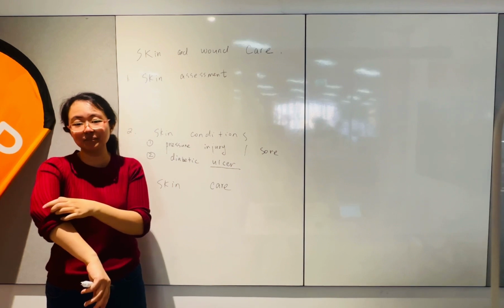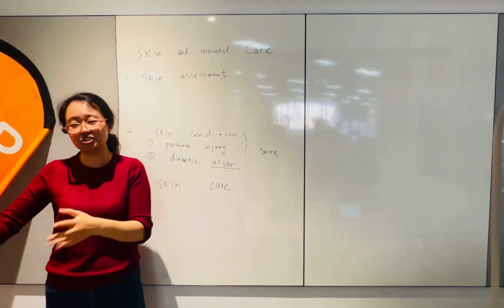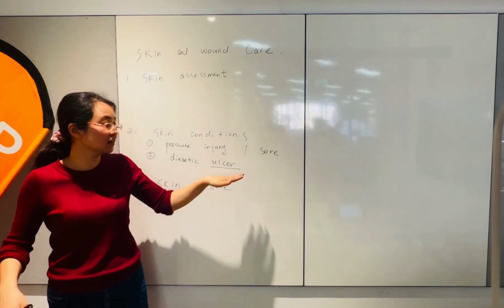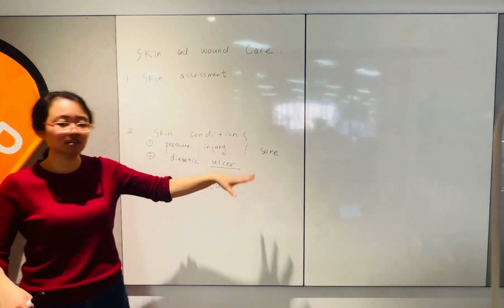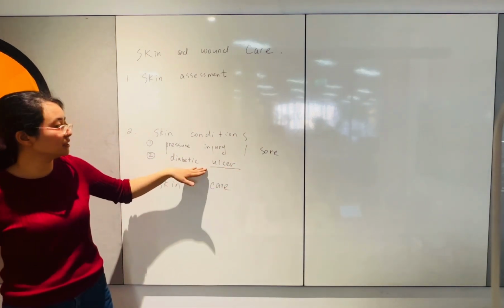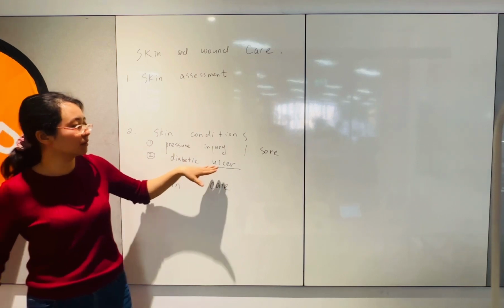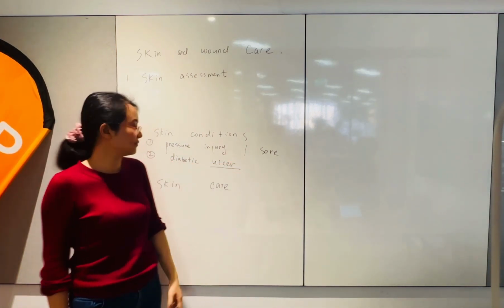An ulcer is a chronic condition. It lasts long and cannot be quickly healed. It takes a long time to heal, and sometimes it never heals. So for patients with diabetes, especially, you have to be careful about diabetic ulcers. Check whether there is any ulcer on their legs and feet.